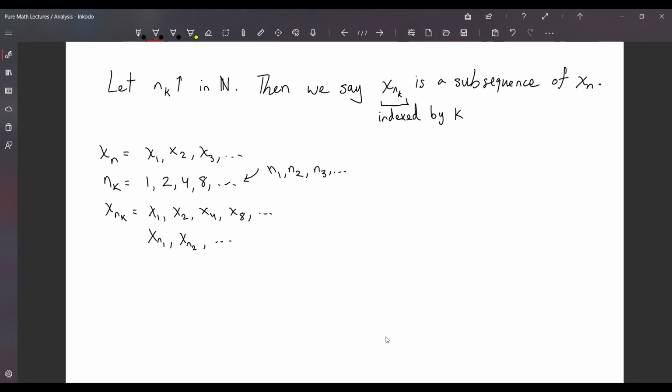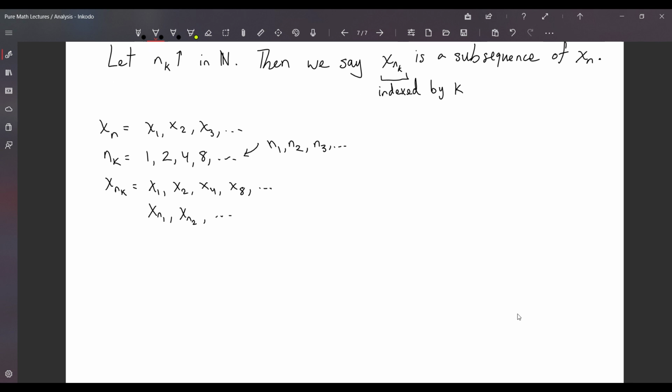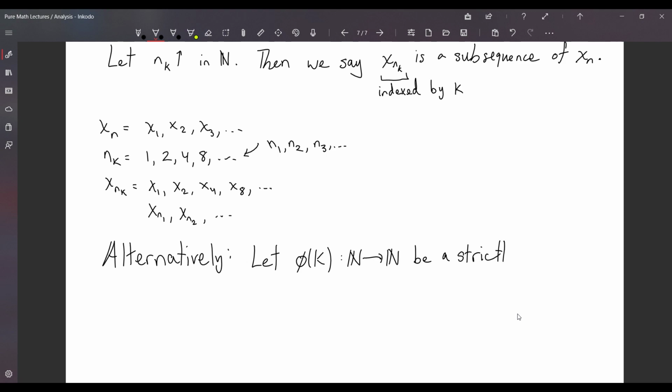Alternatively, there's another way of expressing subsequences, which is to let phi of k be a strictly increasing function.